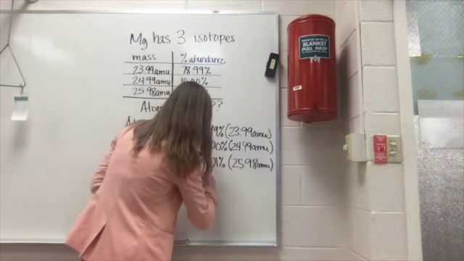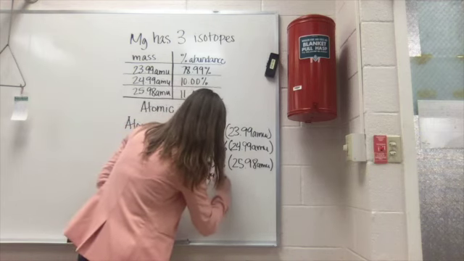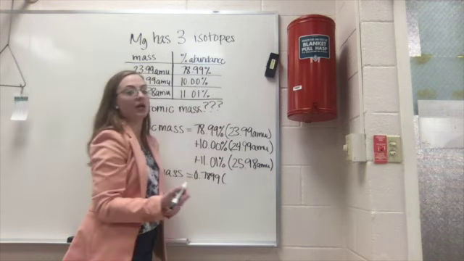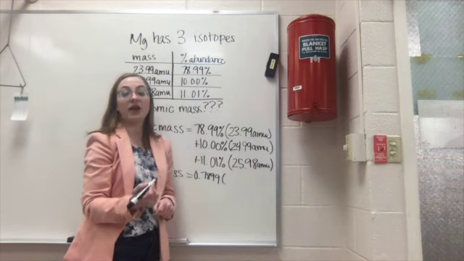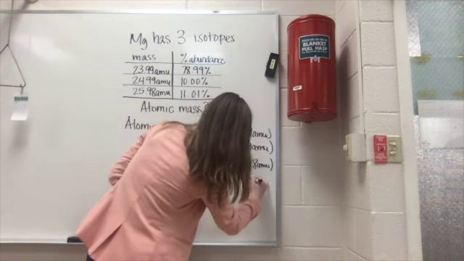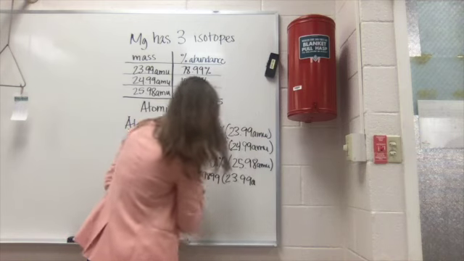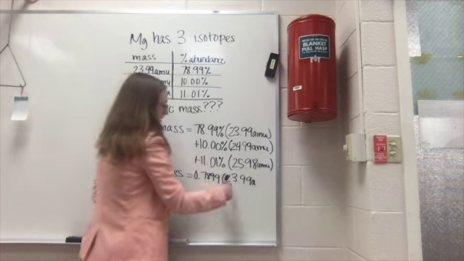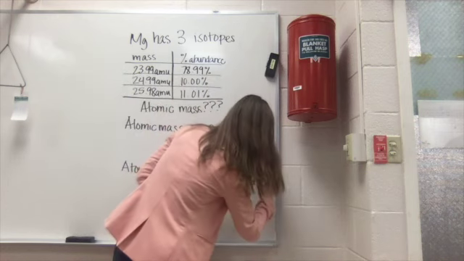So I have atomic mass is 0.7899. Remember, to convert a percent to a decimal, we just divide by 100. So that's 0.7899 times 23.99 AMU.